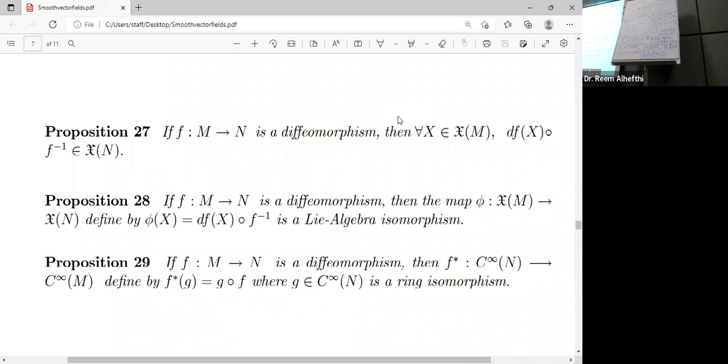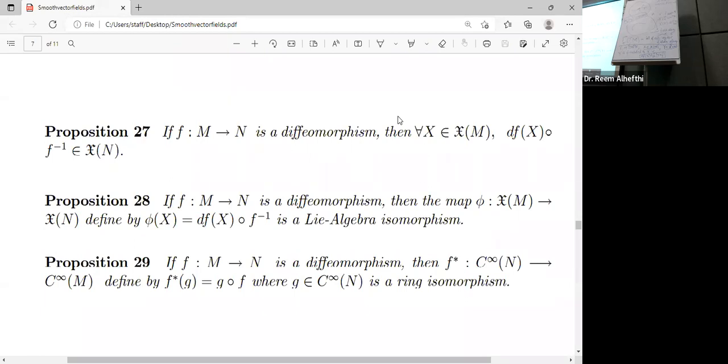Now, given a diffeomorphism between two manifolds, you get a map on the Lie algebra of M to the Lie algebra of N, and that map is defined by phi of X equal to dF of X circle F inverse. Then this map is a Lie algebra isomorphism.